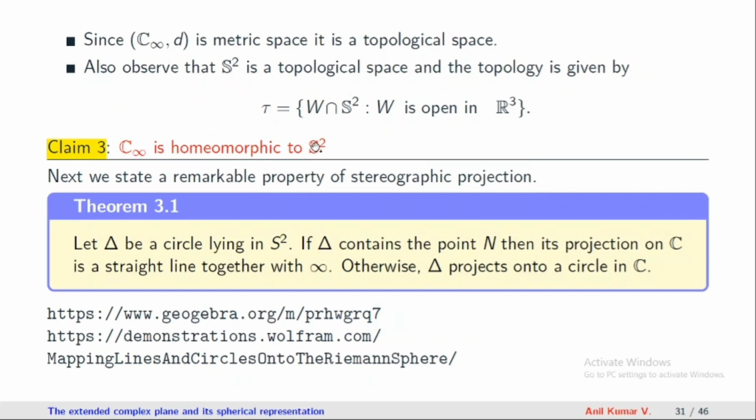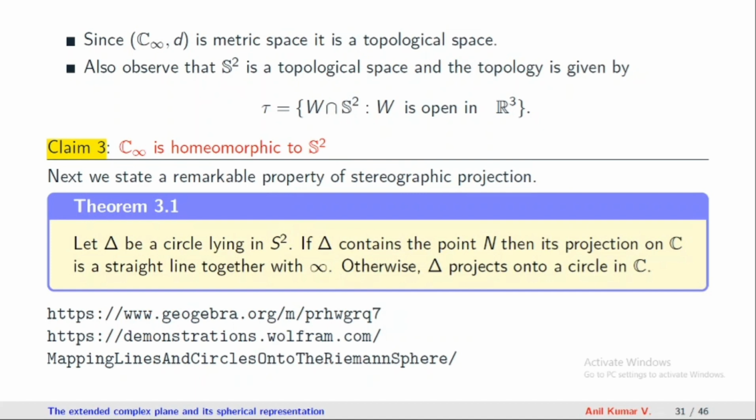To prove this, we first state a remarkable property of the stereographic projection. That is, let delta be a circle in S2. If delta contains the point n, that is, if the circle passes through the north pole, then its projection on C is a straight line together with infinity.